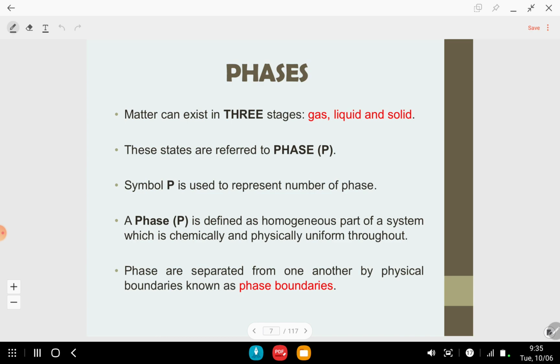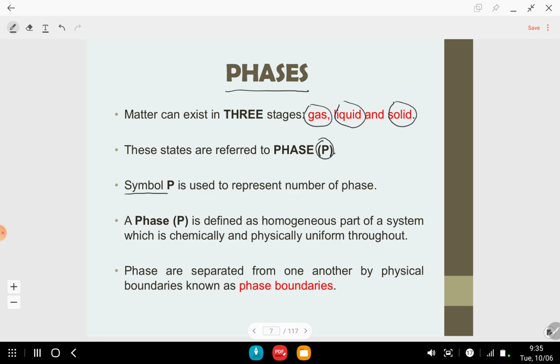Now we look at phases first. Phases means that matter can exist in 3 states. As I mentioned earlier, it can be solid, liquid, and gas. So we call it phase. I repeat, we call it phase. The symbol is capital letter P, and it is used to represent the number of phases.